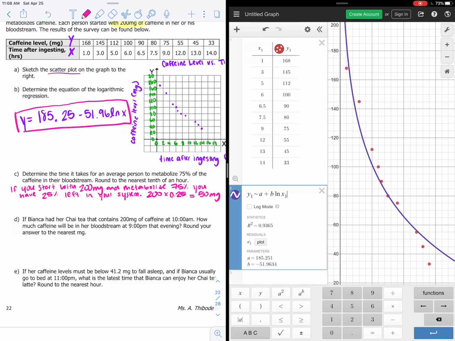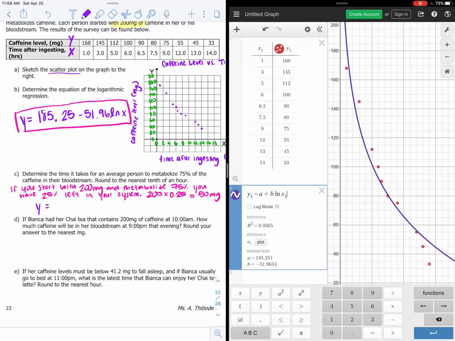We can't plug in y is equal to 75 because our y doesn't give us our caffeine level in percentage. Y gives us our caffeine level in milligrams. And we're not multiplying 200 by 0.75 because that would tell us how much we've already processed. It would give us 150, so we'd have to subtract that 150 from the 200 if we wanted to multiply it by the 0.75.